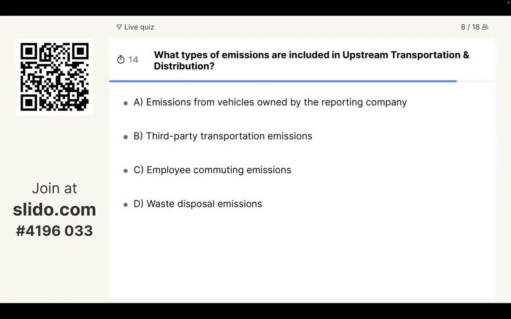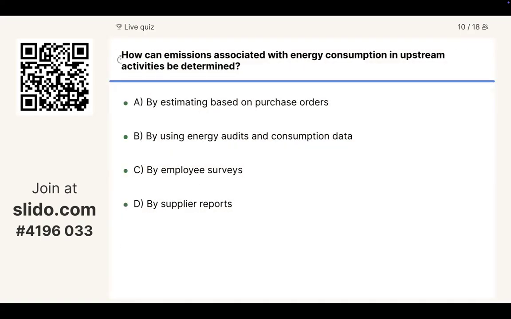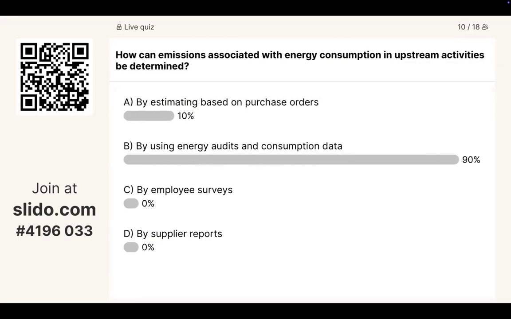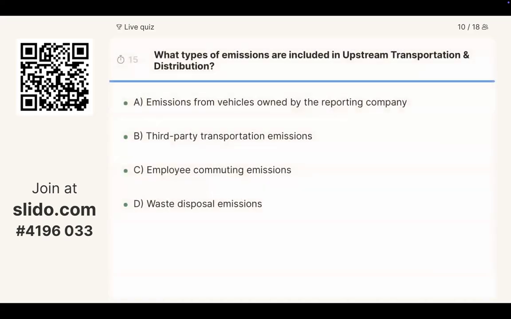What types of emissions are included in upstream transportation and distribution? Okay, you have 15 seconds more, so whoever could not answer, try it again.